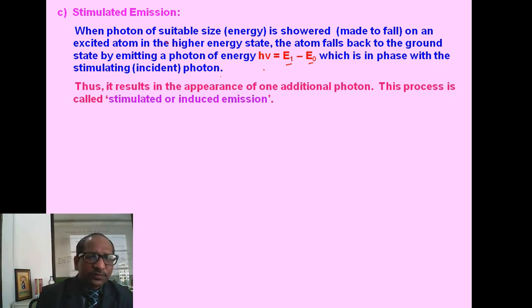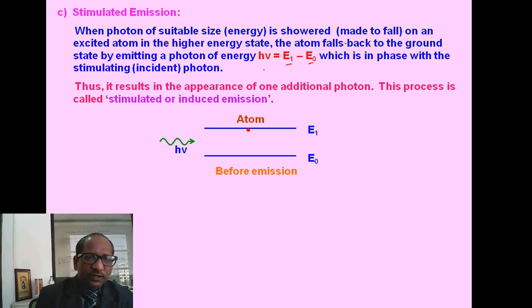So by this, one additional photon appears. This process is known as stimulated emission. So here you can see that the atom is already in the excited state, that is E1 here. You can write E2, E1 or EJ and EI. It does not matter, as I have already told you.